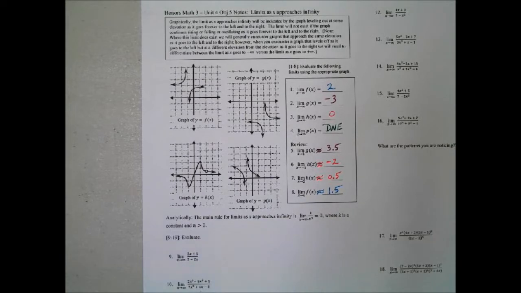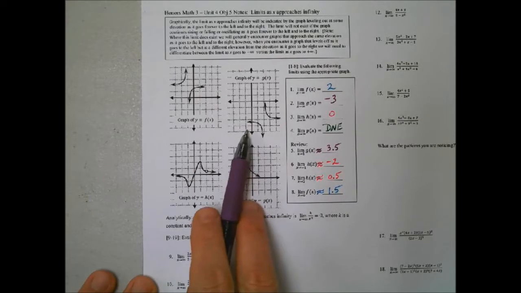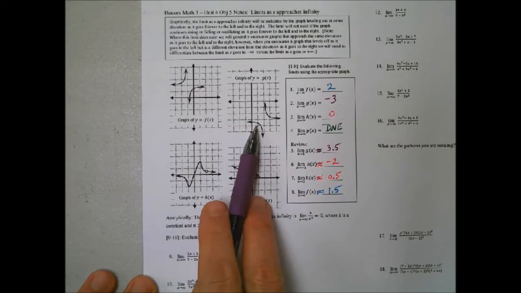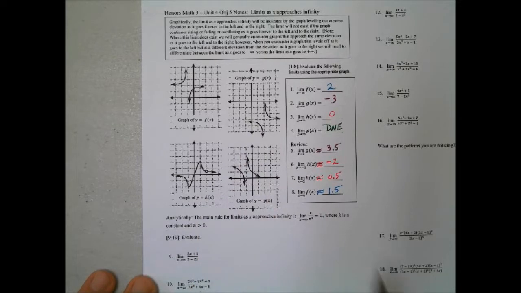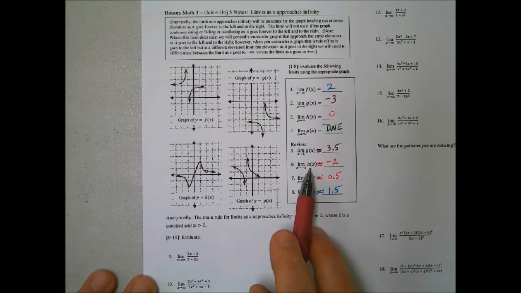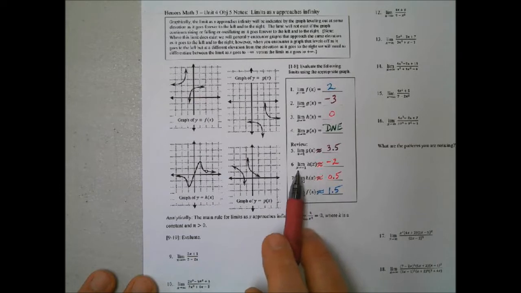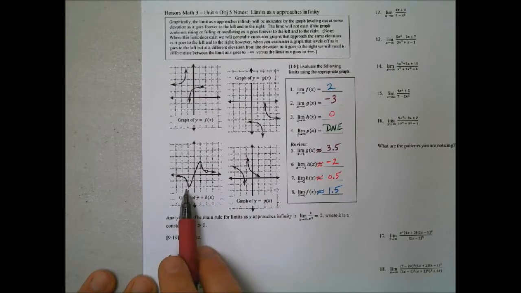Okay, so if we check those answers here real quick. Number 5, we're doing the limit as x approaches 1 for g of x, and it's about negative 3.5. And if we check the limit for h of x as x approaches negative 1, pretty close to negative 2.